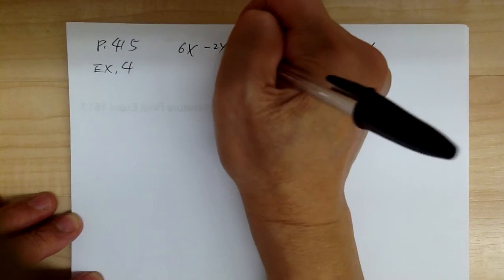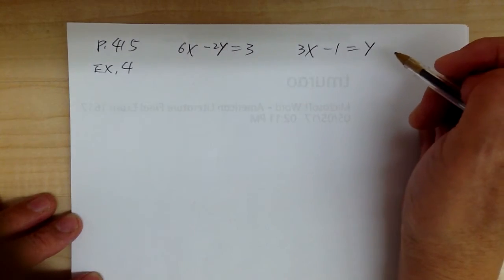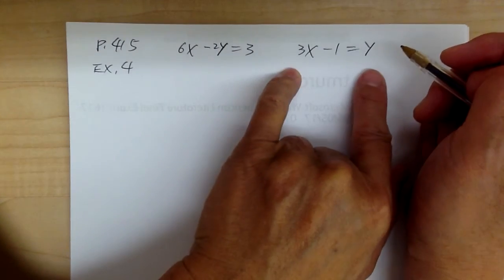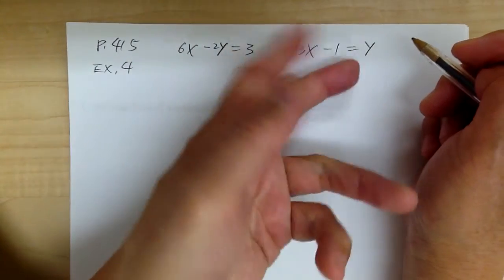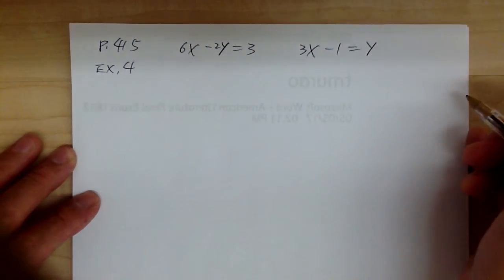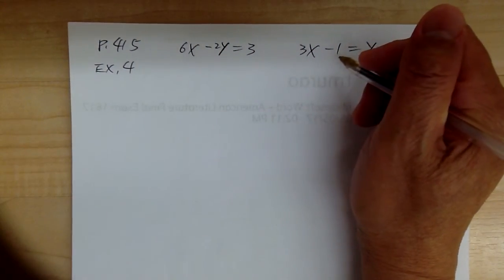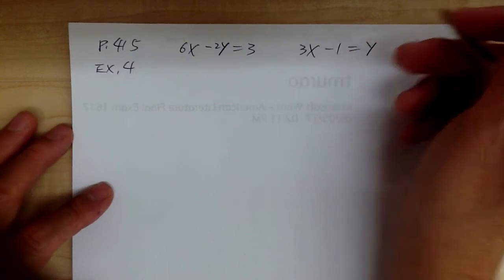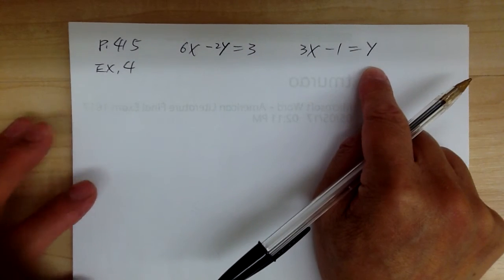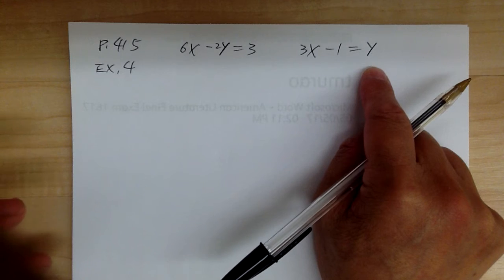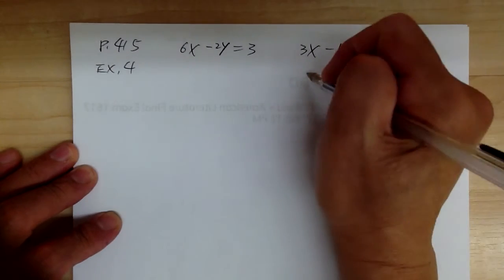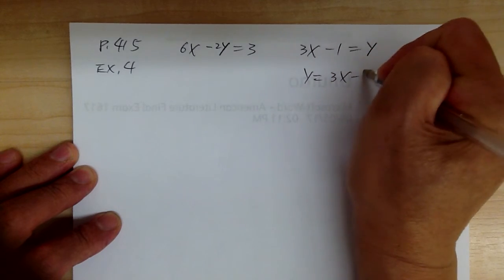So this kind of looks weird, kind of messed up. This is kind of reversed, kind of flipped. Okay, so I'm going to rewrite this one so it's easier to follow, because sometimes this can be difficult, especially for people who are dyslexic. So I'm going to flip this over, so you got y equal to 3x minus 1.